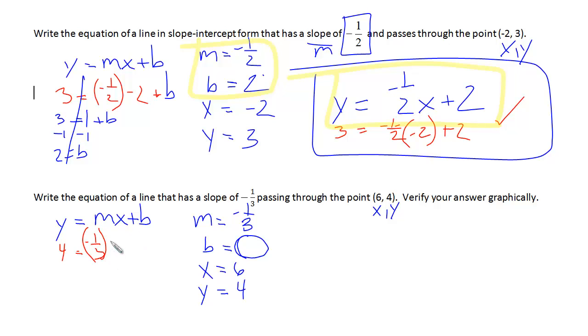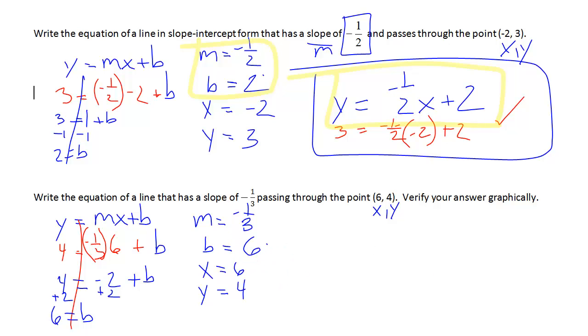Four equals -1/3 times 6 plus b. And then we solve for the unknown, plus b. So 4 equals -1/3 times a +6 is a negative. 1/3 of 6 is 2. Add it to both sides. And b equals 6.